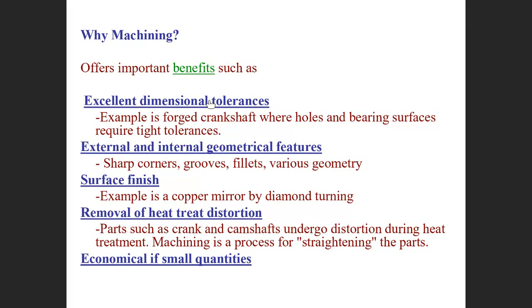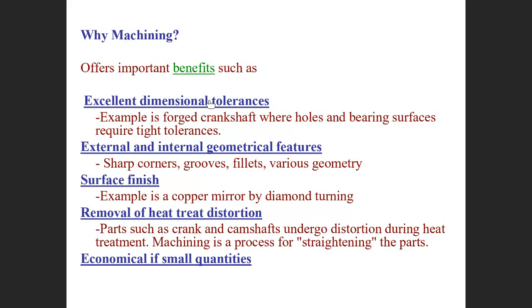Machining sometimes follows other processes: you do casting and then machining, you do forming and then machining, even welding and then machining, based on need. If you really would like to get precision and accuracy, machining is the way.